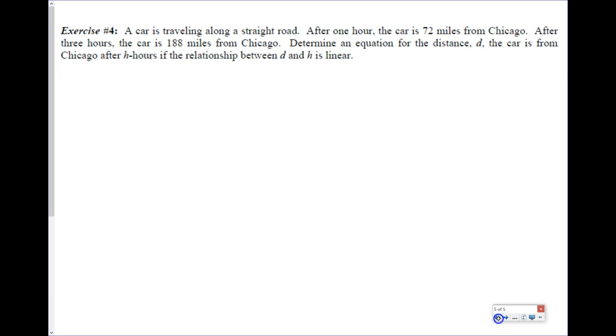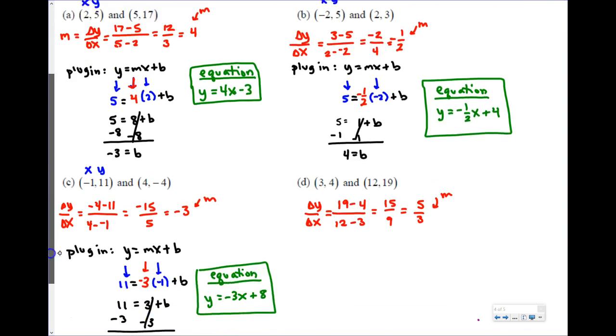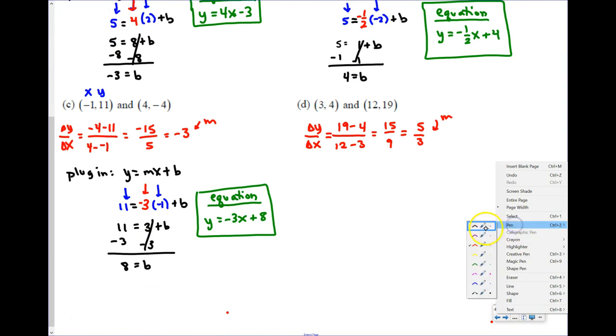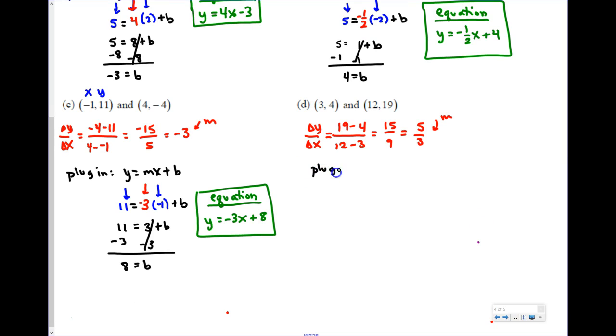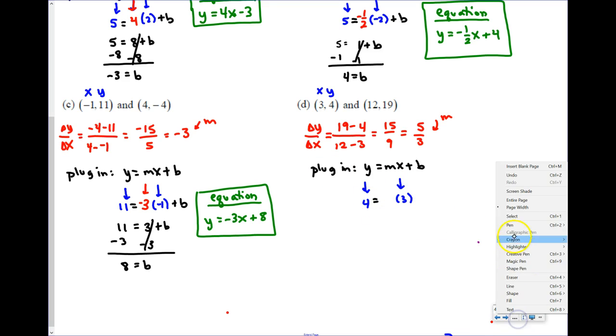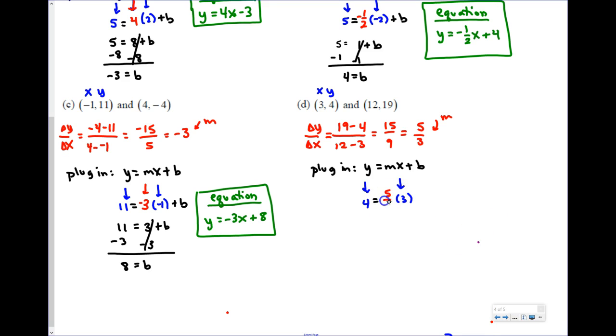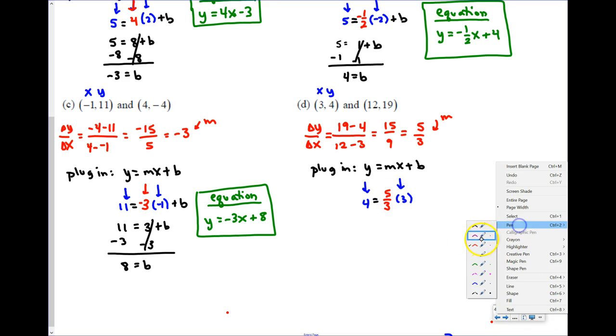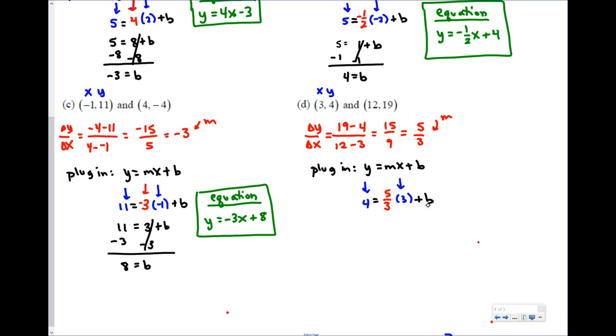Now I have to plug in. So I'm going to plug in to y equals mx plus b form, figuring out that my x and y is always one of these points. So y becomes 4. X becomes 3, and I plug in the rest, equals, m is 5 over 3, so I've got to plug in that fraction, and then I'm trying to find b, so this becomes plus b.